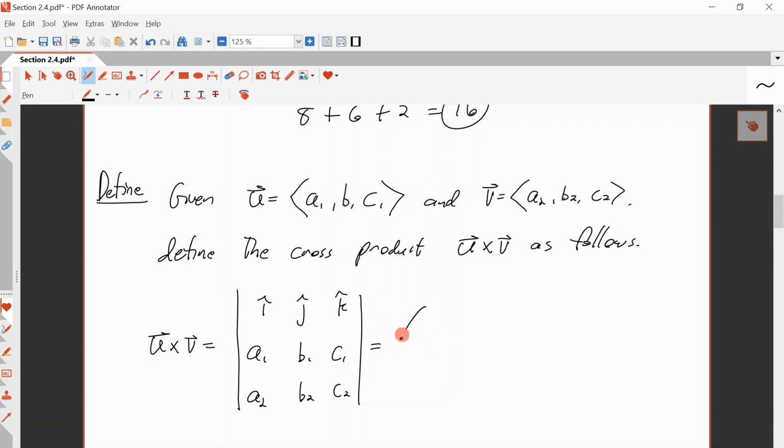And this is equal to the three-dimensional vector whose x component is this 2 by 2 determinant.